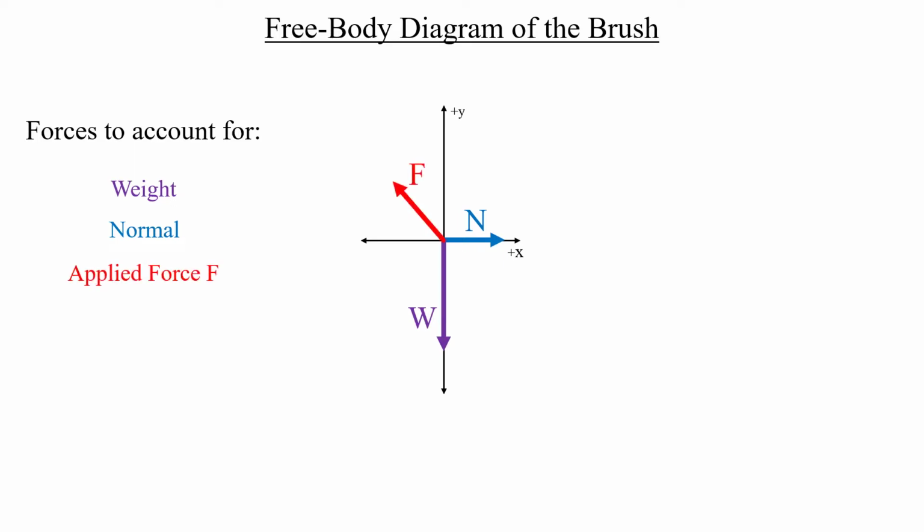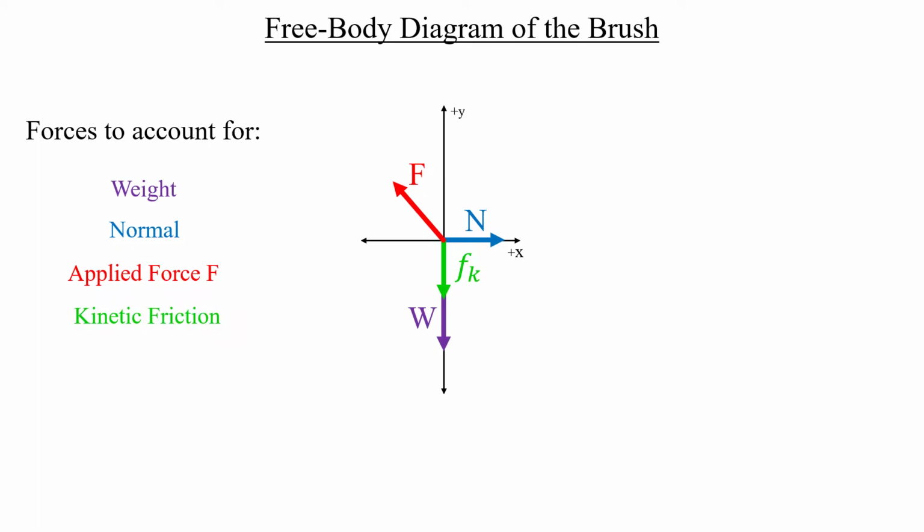We have the applied force of the window washer pointing up and to the left, as you can see here. And we were also explicitly told in the problem description about kinetic friction. Since the brush is moving up, kinetic friction must act in the direction opposite to that motion, which is pointing down.